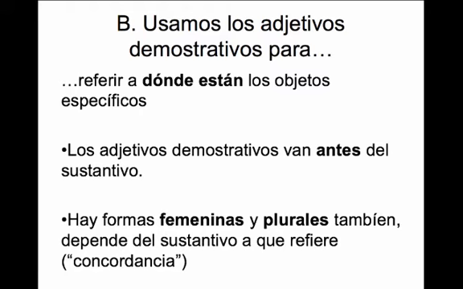También hay formas femeninas y plurales. So depending on the noun that it refers to, you also have to use the feminine and plural forms. And remember, this is called concordancia, or agreement in English. A very important concept in Spanish, both with verbs and adjectives.